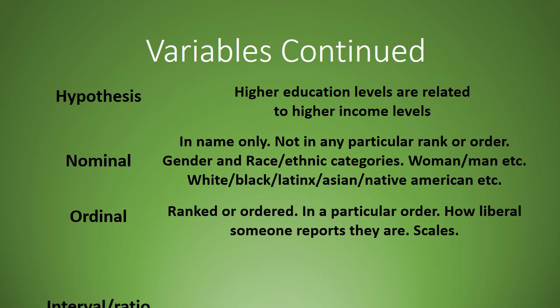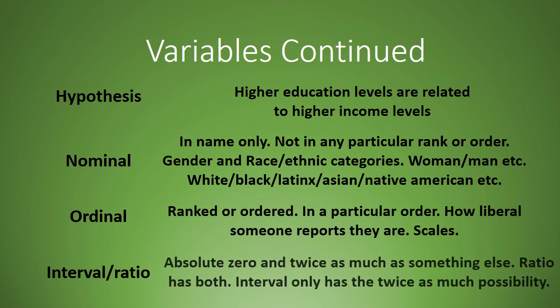And finally, the last 2 are known as continuous variables, meaning they are in a series, 1, 2, 3, 4, 5, 6, 7, etc. So income and age. The key differences between a ratio and interval variable are 1, having an absolute 0, and 2, being able to say you have twice as much of something or 4 times as much of something.